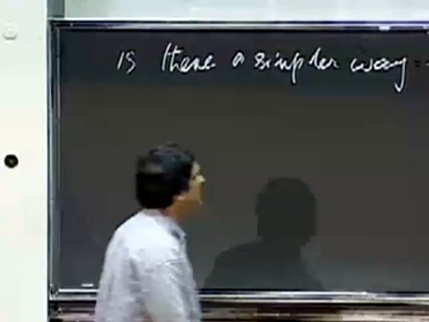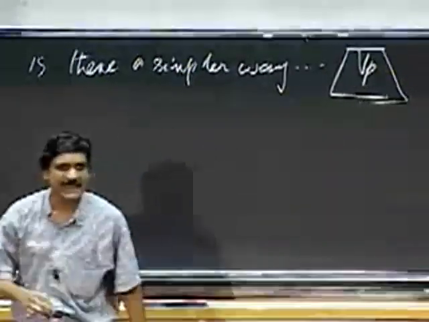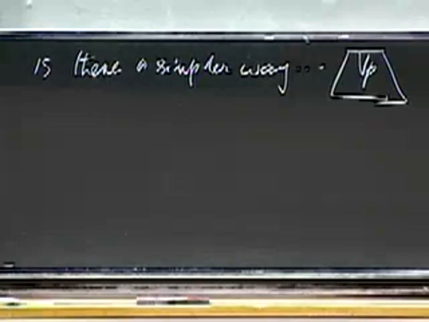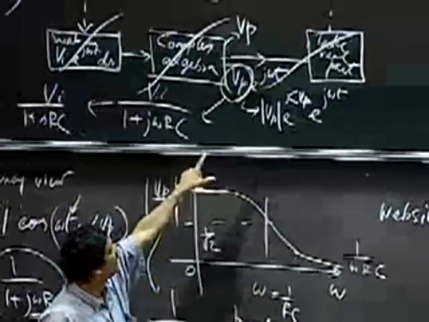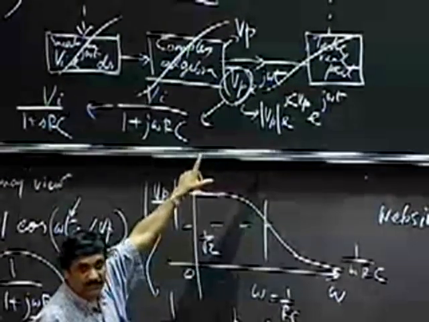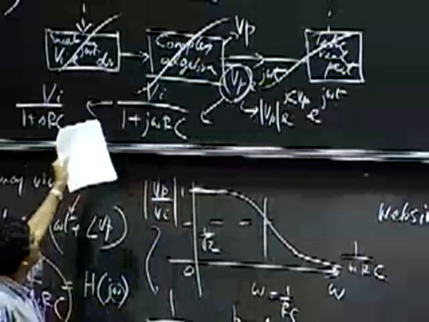Just focus on VP. Why VP? Because, remember, VP was the complex amplitude of e to the j omega t.